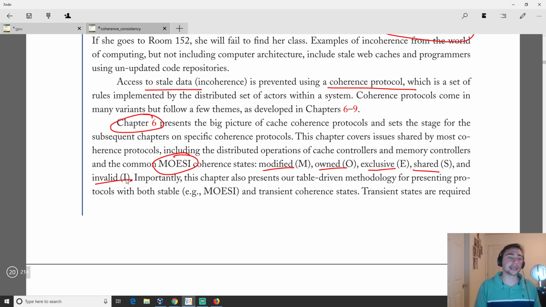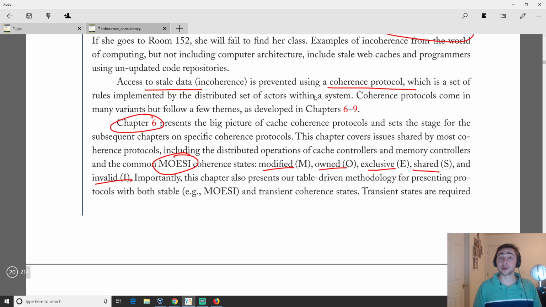We'll go into this later, but just to preface this: modified means this cache block can be written to or read by this thread, while shared says this isn't writable, but it is readable, and exclusive says that this isn't writable, it is readable, and it's the only copy in the system. And we'll see why we even want, say, an owned state or this exclusive state to begin with. And then invalid is basically how we protect from these incoherent situations.